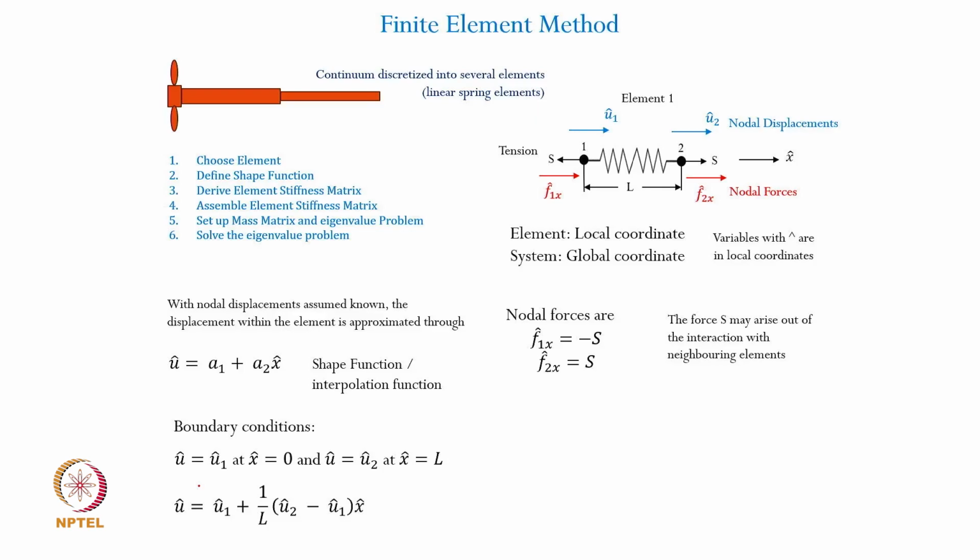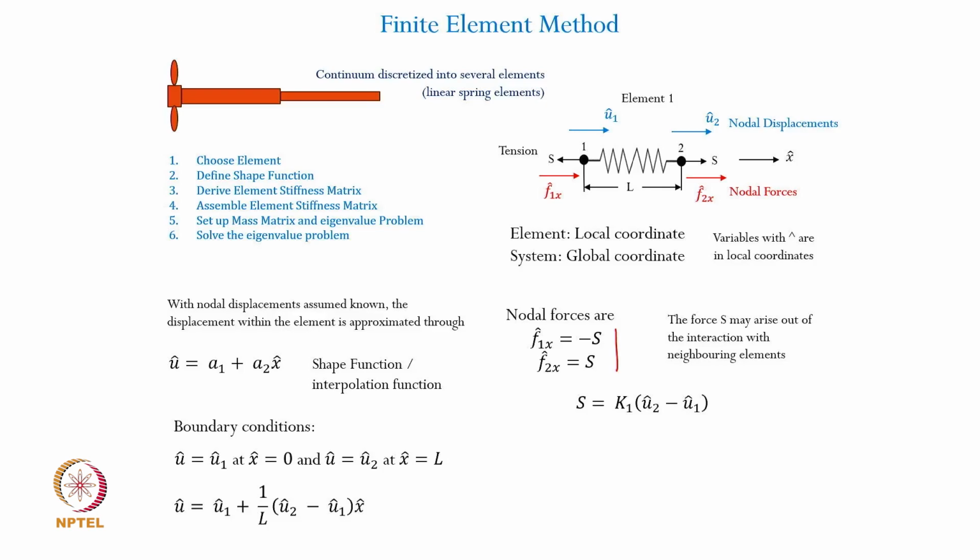F1 x cap, the nodal force at node 1, and F2 x cap, the nodal force at node 2, can be written as minus S and plus S, as you can expect if the element is assumed to be under tension. So, with this done, we can now express the relationship between S and the two nodal displacements, which is quite straightforward.